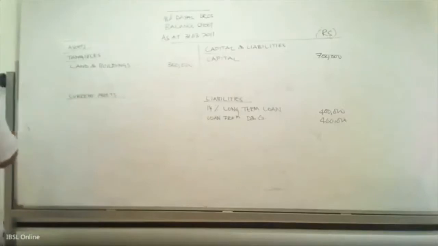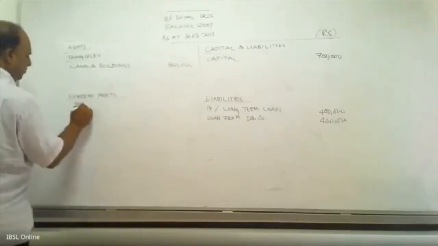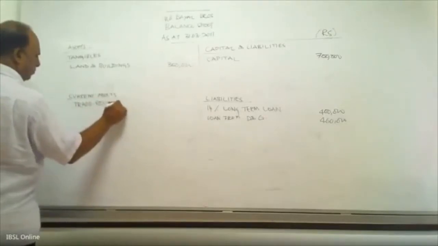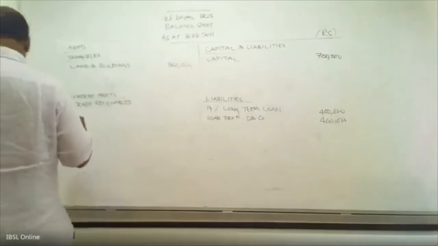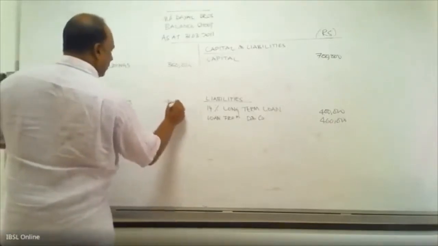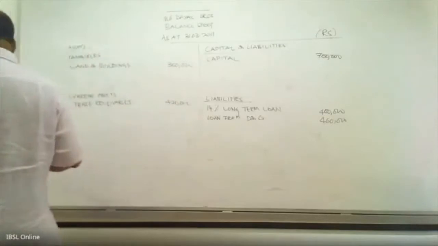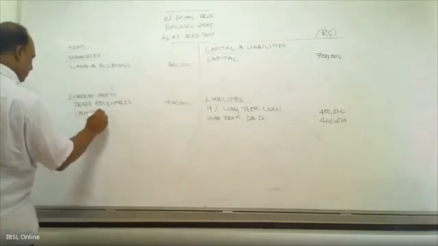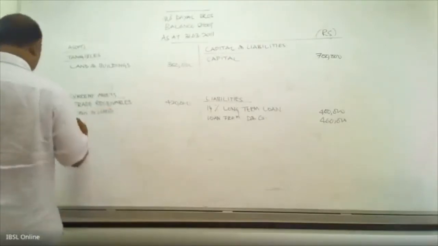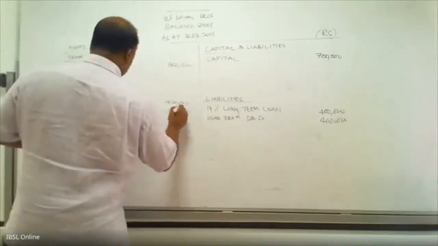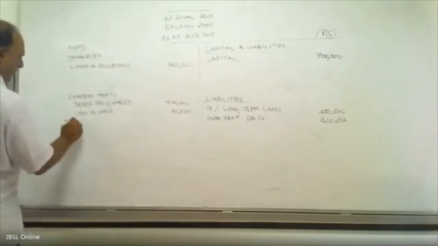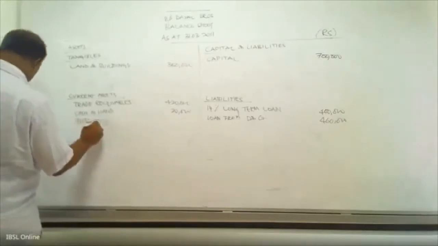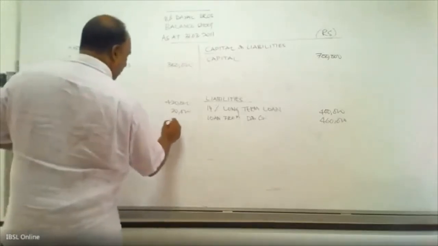So under current assets, you have trade receivables, that is 420,000. Then cash in hand, that is 20,000. Inventories, that is 600,000.